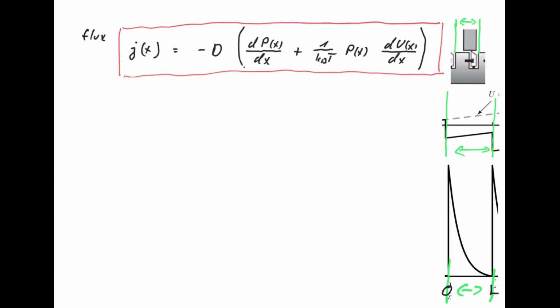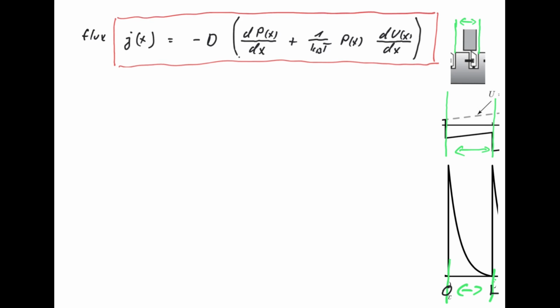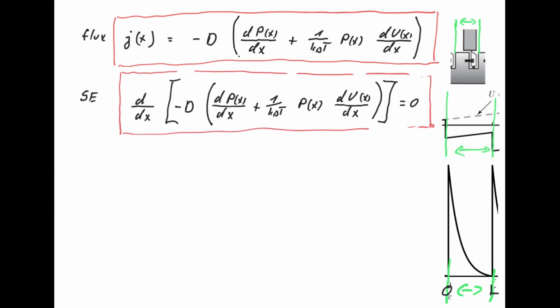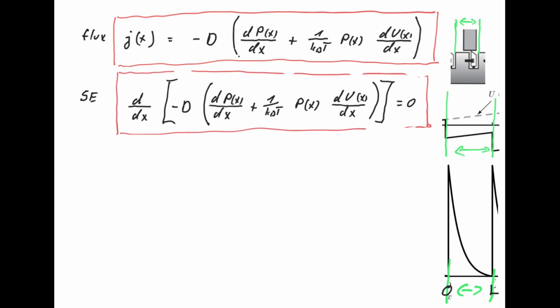That gives us a P of x, and from there we can calculate the flux. Okay, so let's do that. Here again a summary of what we found so far, the flux and the Smoluchowski equation, which we both only need to consider within one step length of the motor, because it's repetitive.